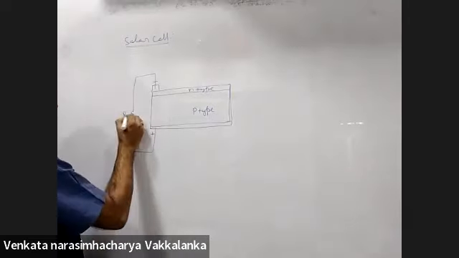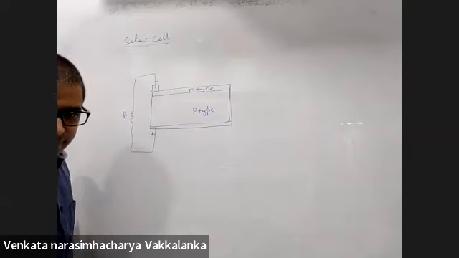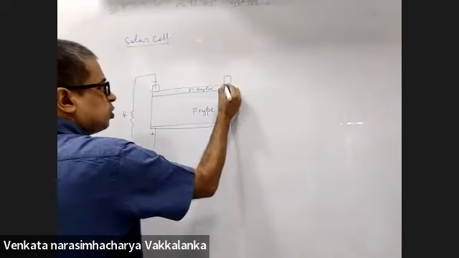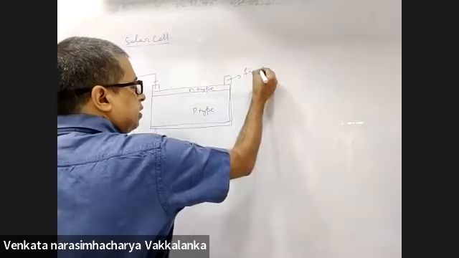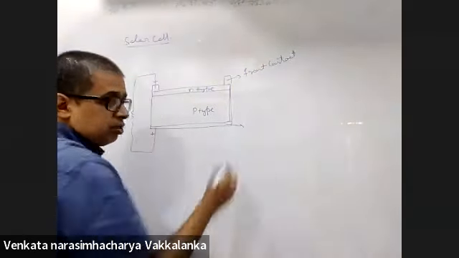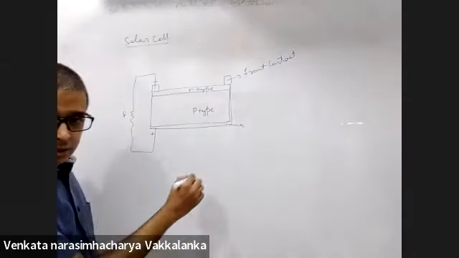Across this you will have current. This is called the front contact. This and this knob are called front contact. This neat diagram is a must. Out of the 3 marks for you, 1 mark is given only for the diagram.